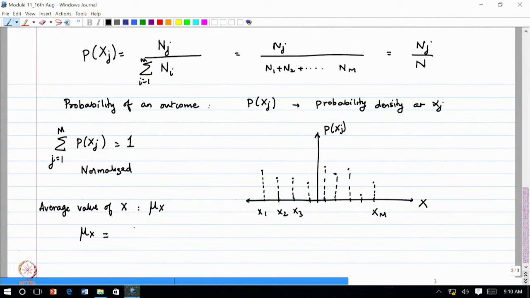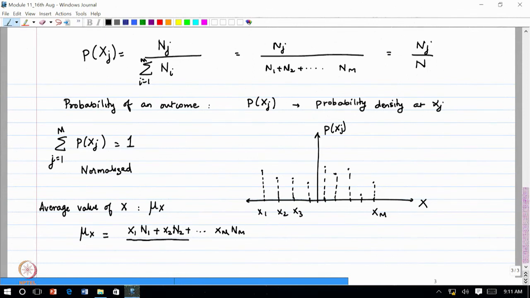I can write it in the following way. I can write it as x1 times n1 plus x2 times n2 ... xm times nm. So, the number of times you get x1 is n1, the number of times you get x2 is n2, you multiply this by x2.